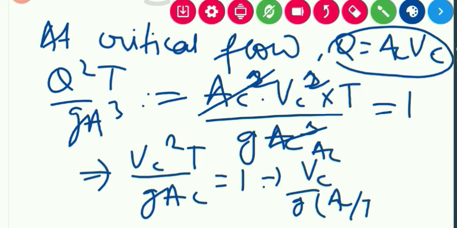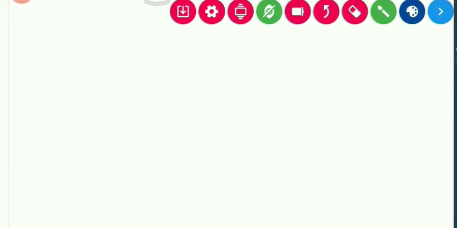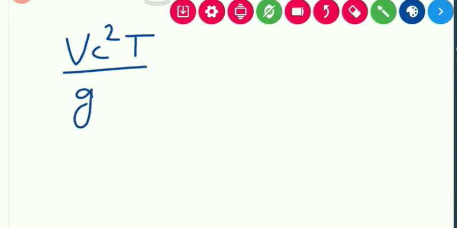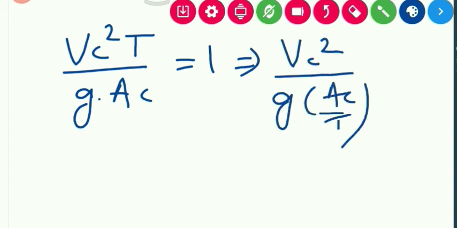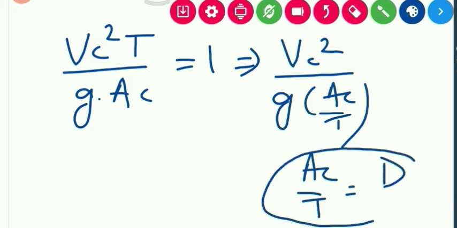Let's write in another page. We have Vc square T upon g Ac equal to 1. This implies Vc square by g into Ac upon T. What is this Ac upon T? We have discussed earlier that it is equal to hydraulic depth.